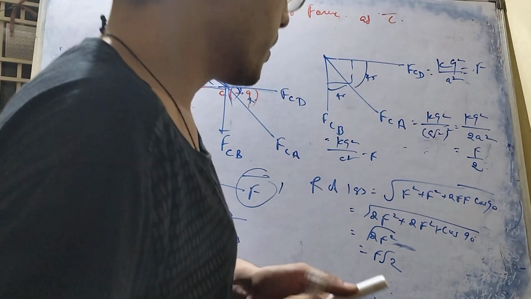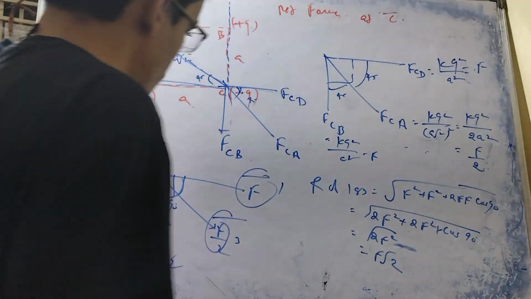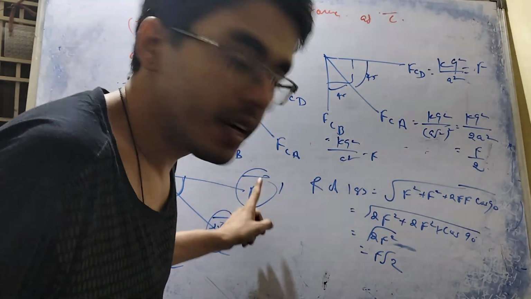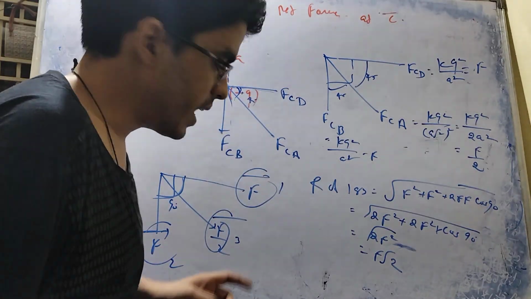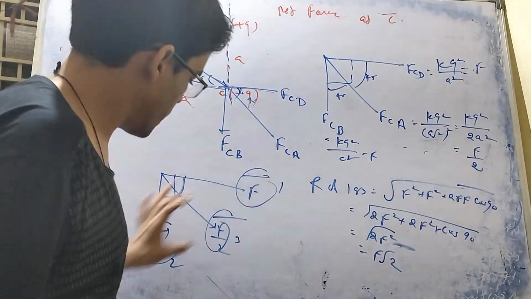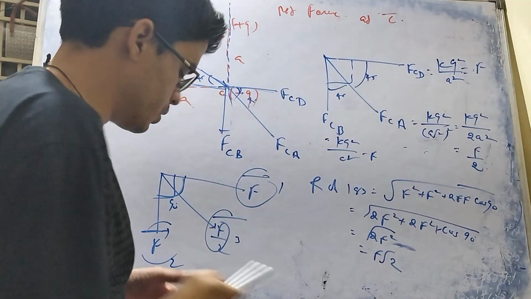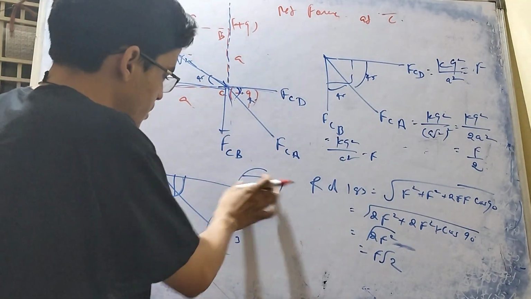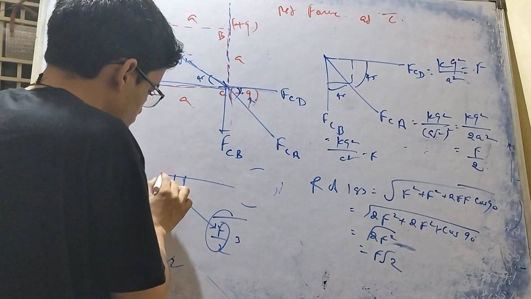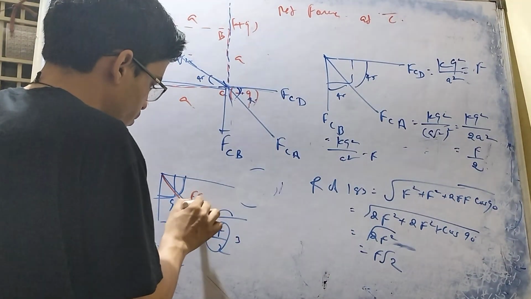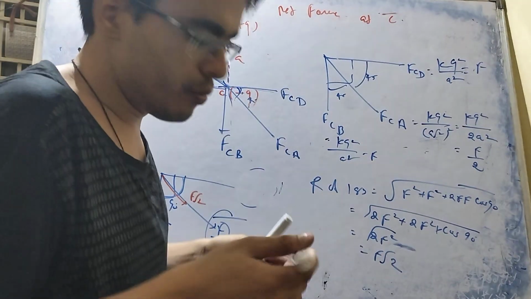This will be F root 2. So what is F root 2? A resultant of this 1 and 2, and it will lie along this because both are equal. So what is the resultant? Angle will be 45. So already the resultant of this will lie along this direction, that is called F root 2.